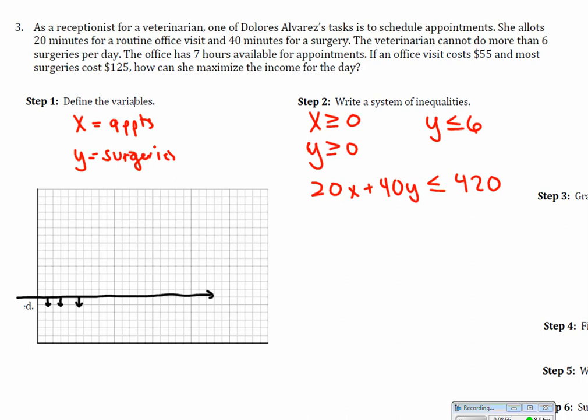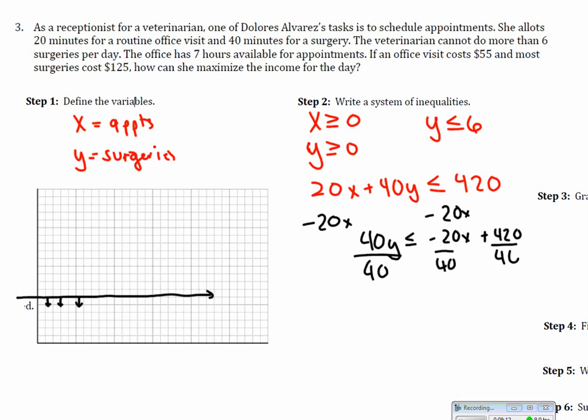All right, 20x plus 40y is less than or equal to 420. So a little bit of work. 420 divided by 40, that's going to be 10.5.